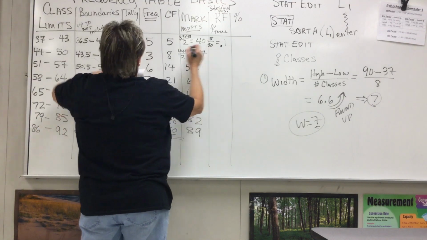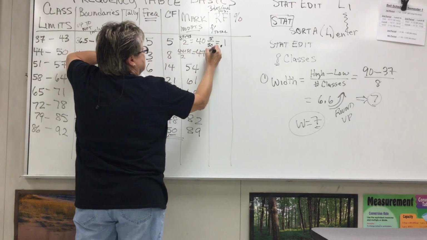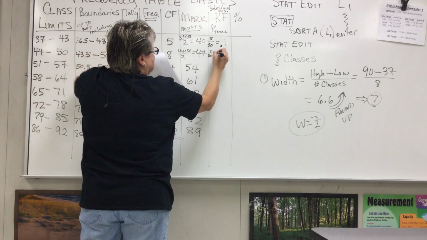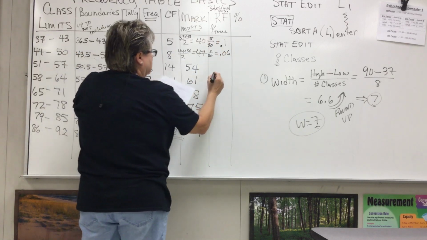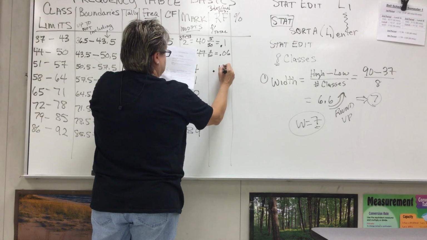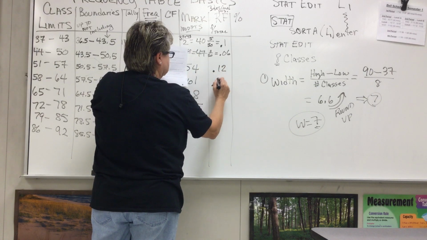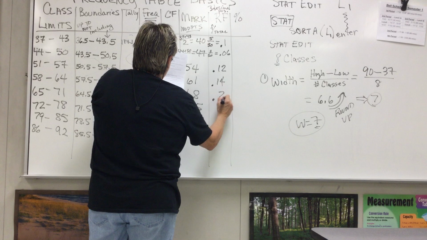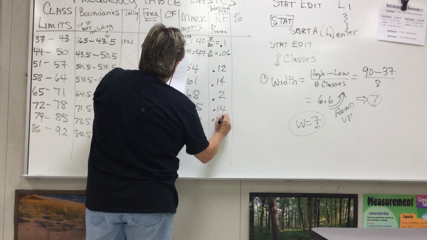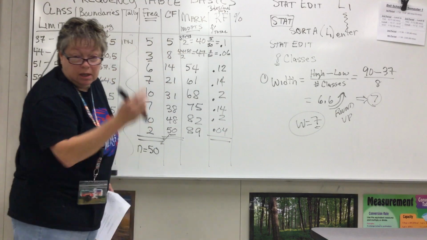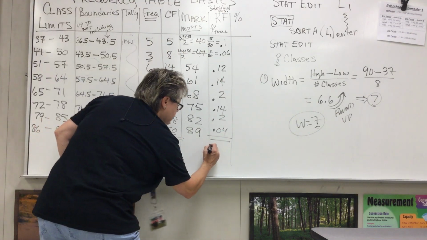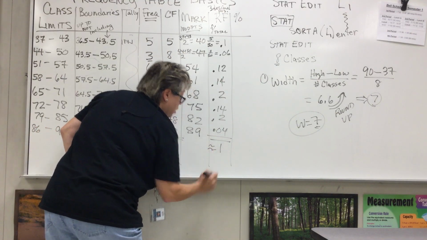Again, for this one, the frequency is 3, divide by 50, and you get 0.06. And if you continue that down the column, you can check this for yourself: 0.12, 0.14, 0.2, 0.14, 0.2, 0.04. If you wish to check your work, add up your decimals. This should be approximately 1.